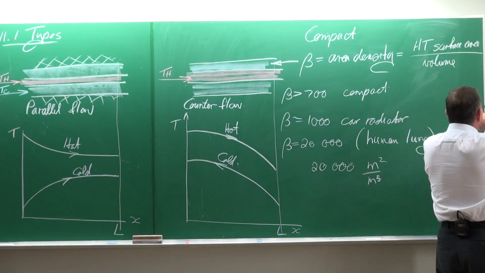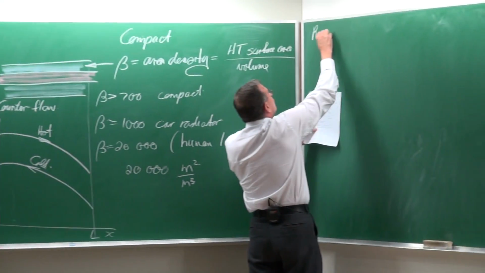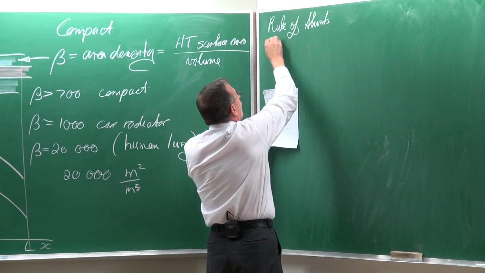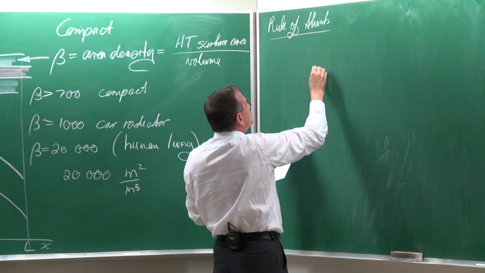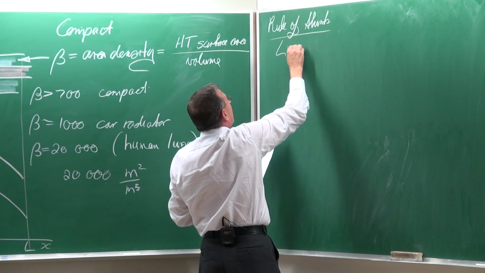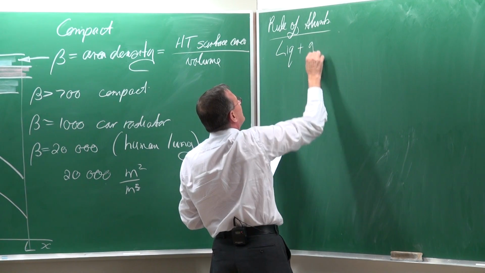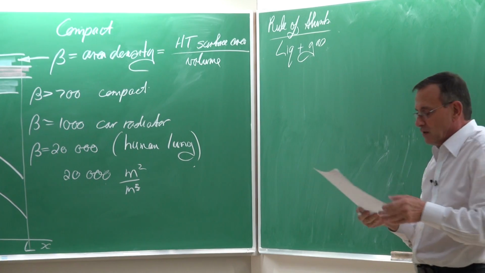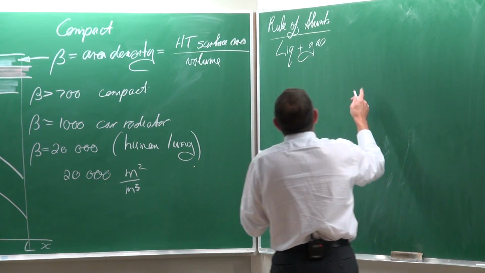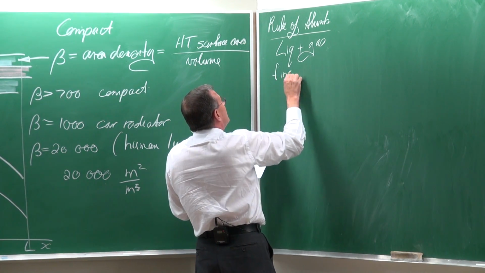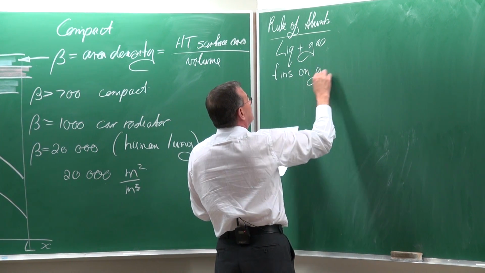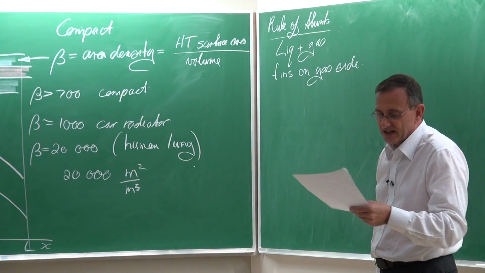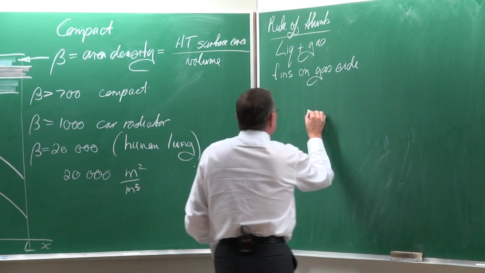Now, in terms of, let's call it a rule of thumb, normally, if we've got a liquid and a gas, and we need to have heat transfer between them, then normally, not always, there will be fins on the gas side. How is that being done?